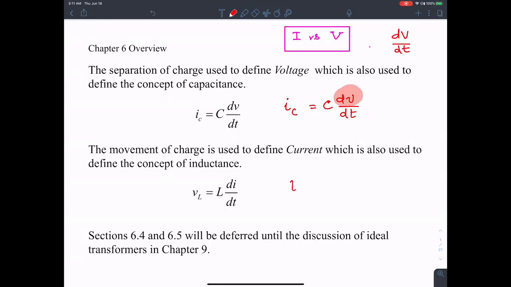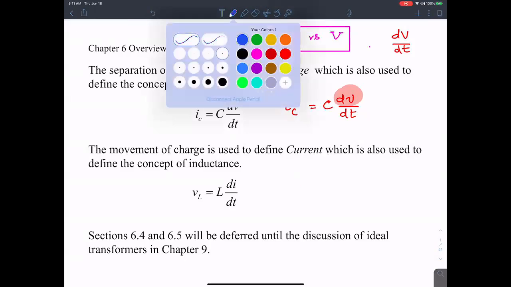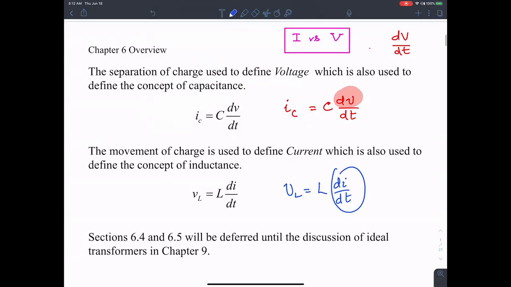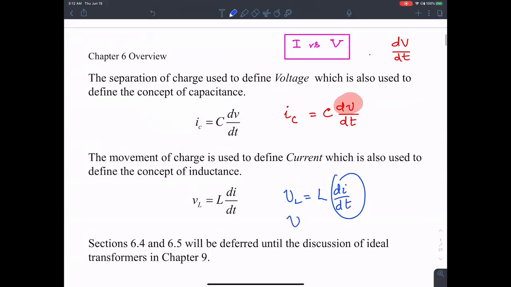For the inductor, on the other hand, the IV relationship appears like this: V is L di by dt. The rate of change of current is proportional to the voltage across an inductor. So what you want to understand is, in the capacitance, the voltage is the independent input and the current is the dependent output.